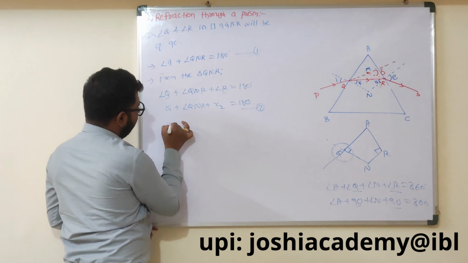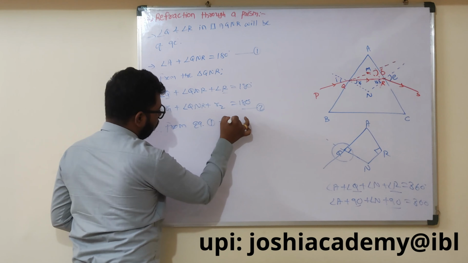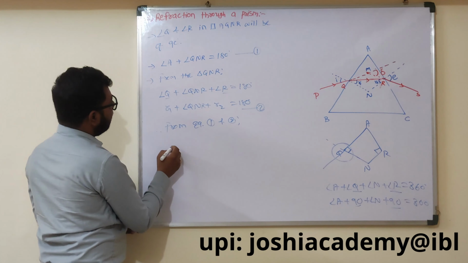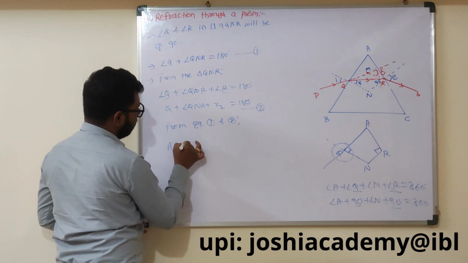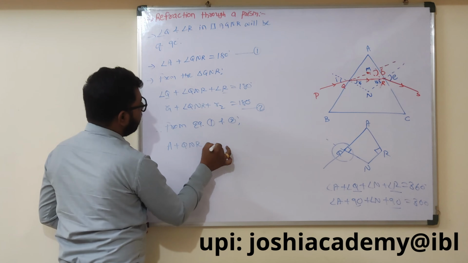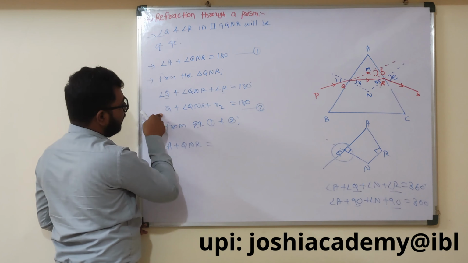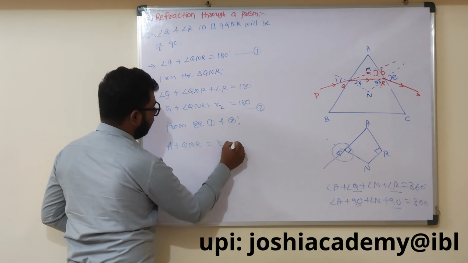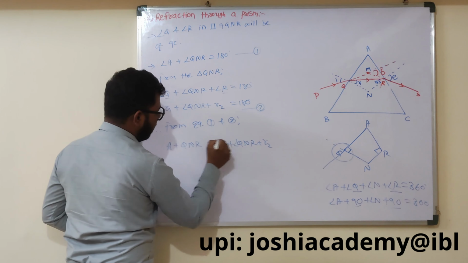So from equation 1 and 2, we will get angle A plus QNR is equal to 180 degrees. That 180 degrees will be this side, r1 plus QNR plus r2. Okay, this is the angle QNR.